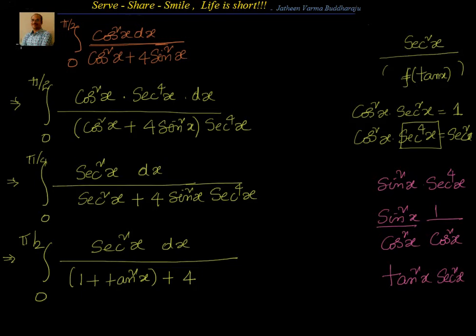So sin square x into secant to the power of 4x is nothing but equal to secant square x into tan square x. So I can write it as 4 into 1 plus tan square x, that is for secant square x, and we are left with tan square x.